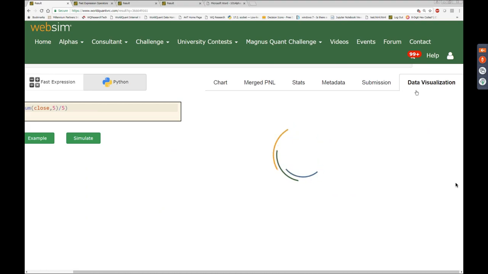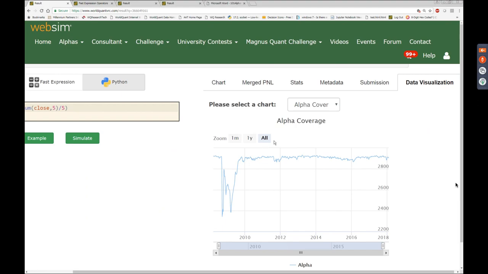Now you might be a little intrigued and try to become a consultant faster, so you can also get that additional information on the alphas. One thing we can see here is the alpha coverage. This is by instrument: of the top 3,000, we get a nice coverage of almost 100%, so 2,900 stocks we're trading here.